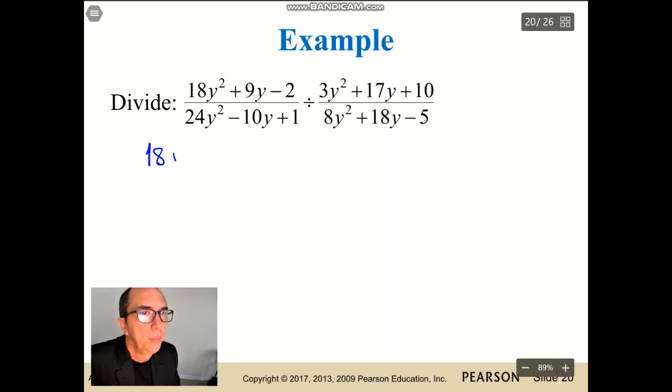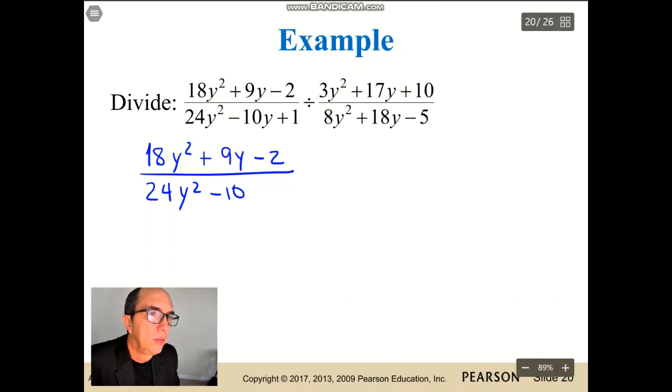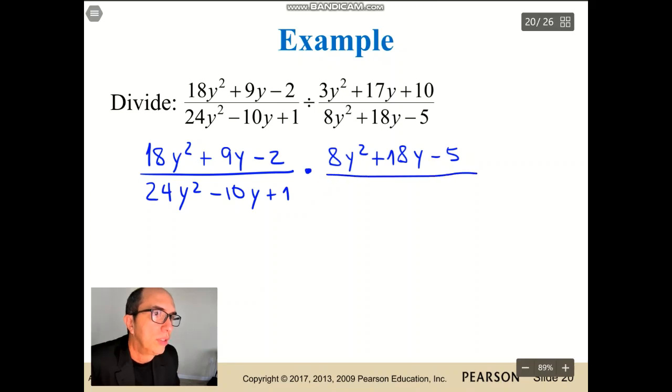We repeat the first rational expression, 24y squared minus 10y plus 1, multiplied by, now you use the reciprocal of the next one, we invert: 8y squared plus 18y minus 5 over 3y squared plus 17y plus 10.